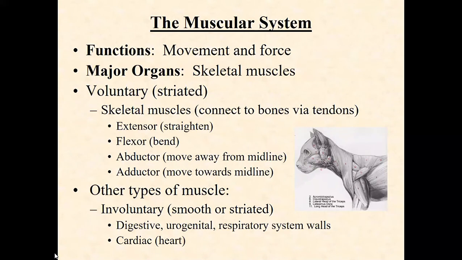You have your extensor, which is to straighten, the flexor, which is to bend, abductor, to move away from your midline, and adductor, to move towards your midline. So when you get a chance, go through the muscular system and see the different types of muscles, and make sure you familiarize yourself with those and see what type of muscle goes where.